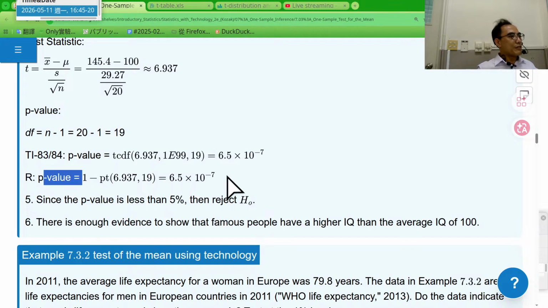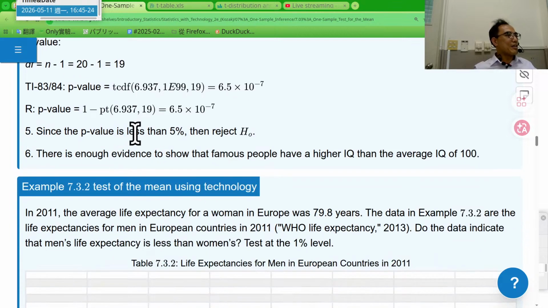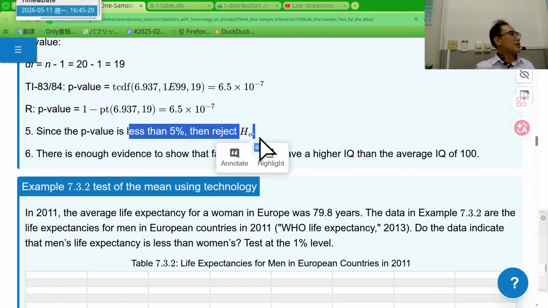And the p-value is very, very small. Then since the p-value is less than 5%, we reject H naught. Okay, so far any question?